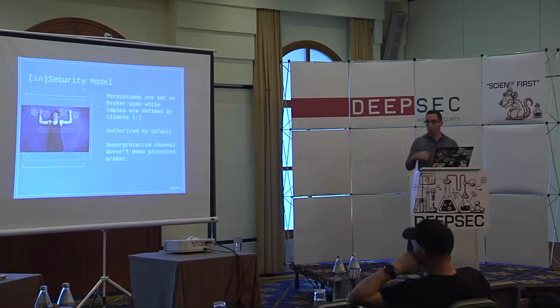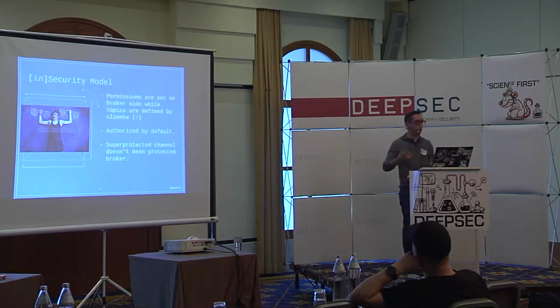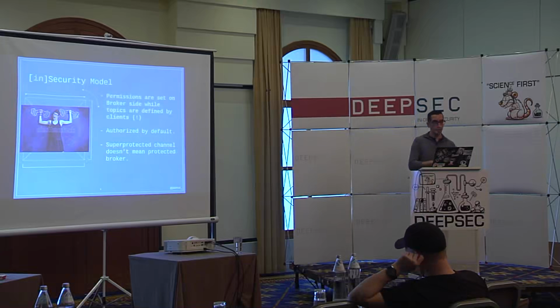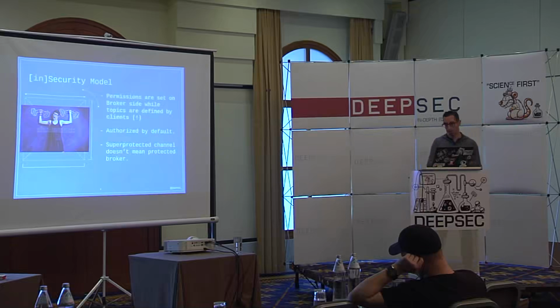When you have a super protected channel, when you have, let's say, SSL and TLS, it doesn't mean that the broker is safe and no one can access it. That leads me to another CVE that I brought up on Mosquitto, but again, it's nothing that important for this talk.